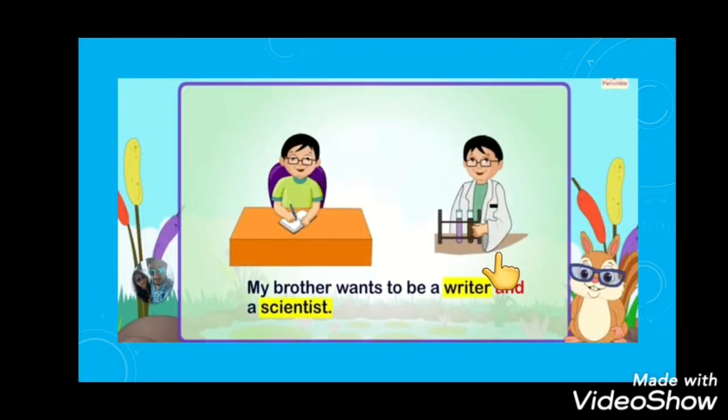So here is the example of and. My brother wants to be a writer and a scientist. So students, here we have joined a writer and a scientist.